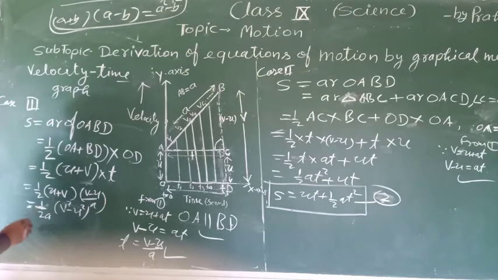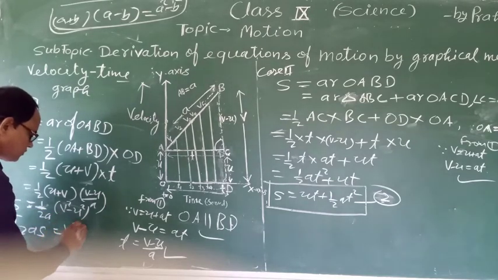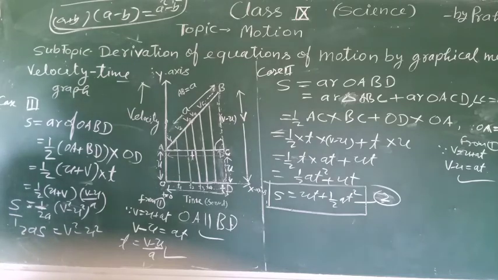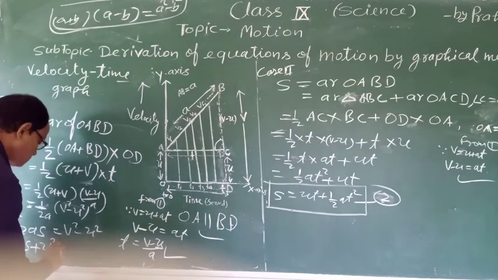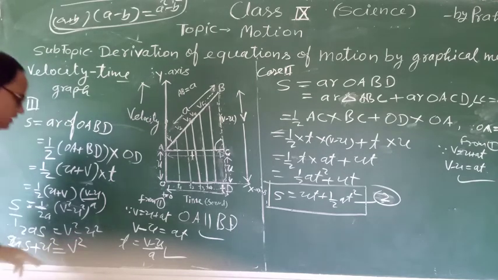Here s is equal to 1 by 2a, then we cross multiply, 2 into a, 2as is equal to v square minus u square. Transfer u square to this side, 2as plus u square is equal to v square.